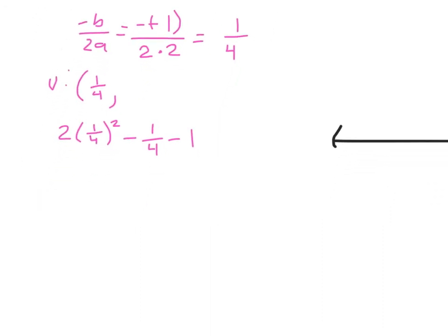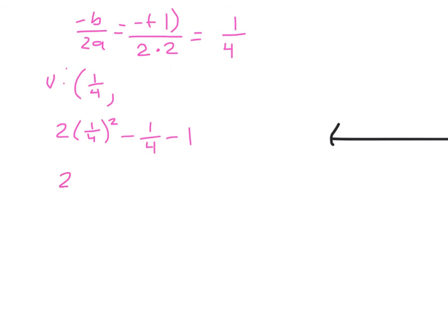Fractions, yay. So 2 times 1/16 minus 1/4 minus 1. 2 times 1/16 would be 2/16, which simplifies to 1/8 minus 1/4 minus 1. To subtract our fractions, we need all of our denominators to be the same. So I'm going to multiply this second one, top and the bottom, by 2.